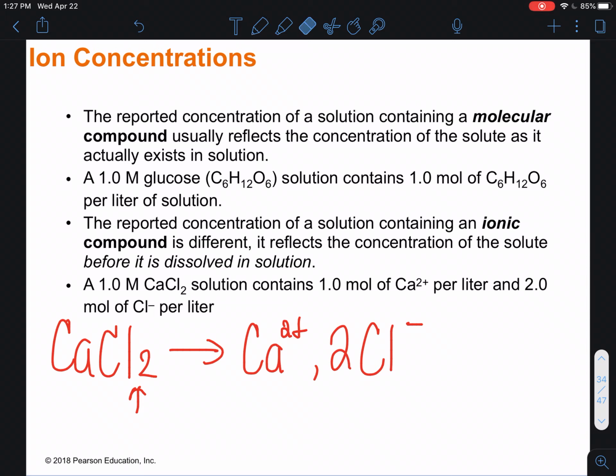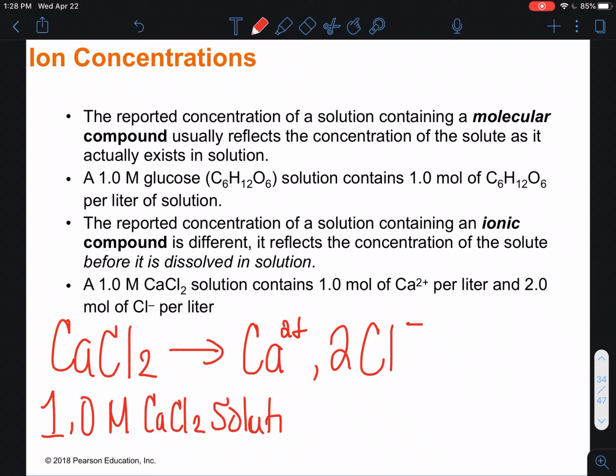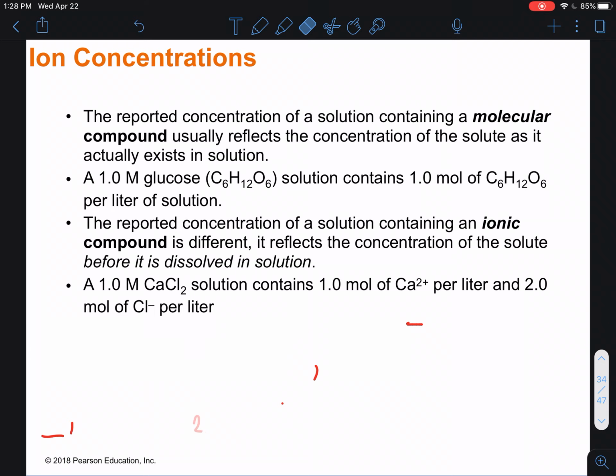So all you have to do is think about the fact that if it's a 1 molar solution, and I want to know the molarity of each ion, here, I'll write it better, actually. I'm going to zoom in really fast so you can see.